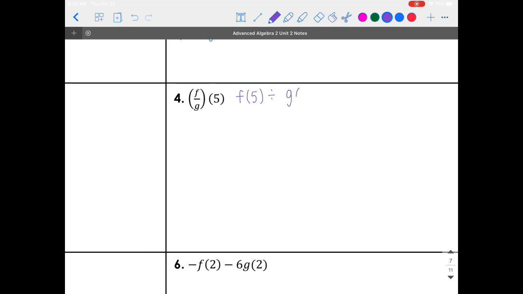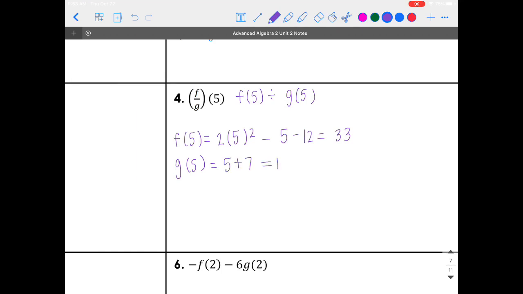All right, number 4. This is the same thing as saying f of 5 divided by g of 5. f of 5 is 2 times 5 squared minus 5 minus 12, which is 33.